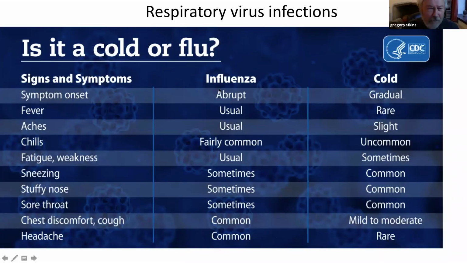Just to finish off, the difference between colds and flu. Here you see some of the symptoms of flu. Here you see some of the symptoms of the common cold. The big difference between the 2 is in severity. If you've got flu, you really know it.